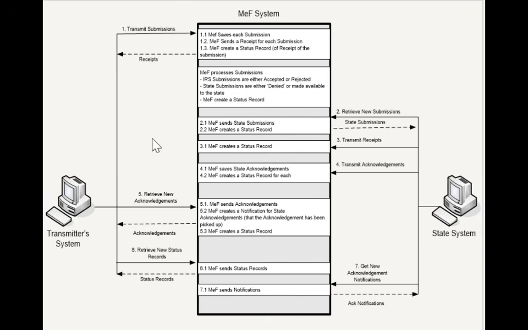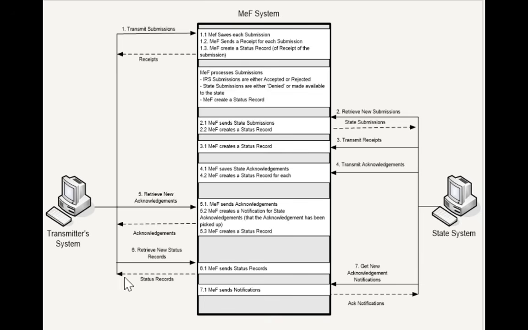Now if the transmitter system wants to retrieve that submission acknowledgement, MEF system can send the acknowledgement and create a notification for state acknowledgement that the acknowledgement has been picked up. MEF creates a status record. Then accordingly in step 6, retrieve new status record which has been created.